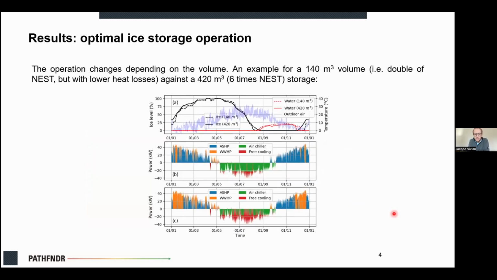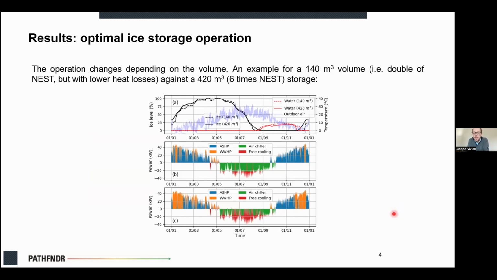These are the results for two dimensions of the ice storage. The first is 140 cubic meters, which is approximately double the real storage in Nest. And the second one is 420 cubic meters. Why didn't we use the 70?